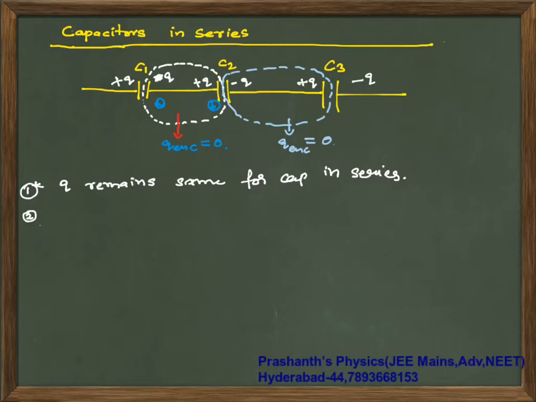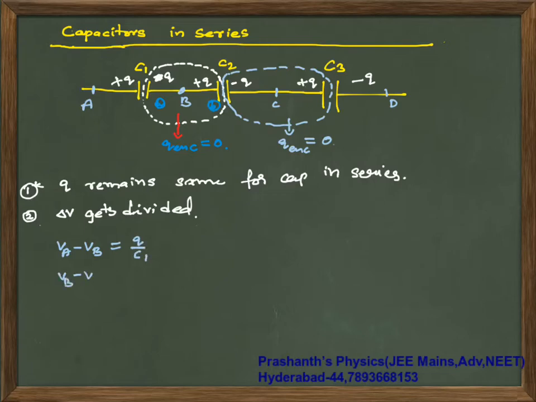Now coming to your second point, your potential difference will get divided. If you mark these as point A, point B, point C, point D here, then the potential difference VA minus VB is equal to Q by C, since potential difference is Q by C. So that will become Q by C1 for the first part.